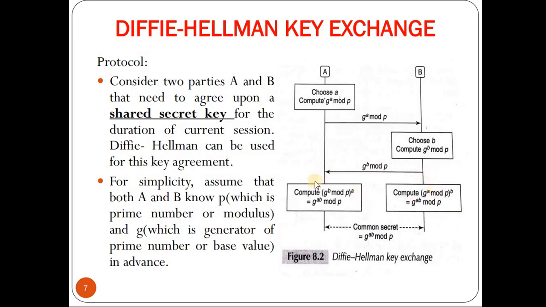Now both will compute. For example, A will take the value G to the power b mod P and raise it to the power a, because a is known only to party A. That is G to the power ab mod P. Similarly, on B's side, it will take the received message and raise it to the power b, because b is known only to party B. So it computes (G to the power a mod P) to the power b, which is G to the power ab mod P. Now both are the same value.